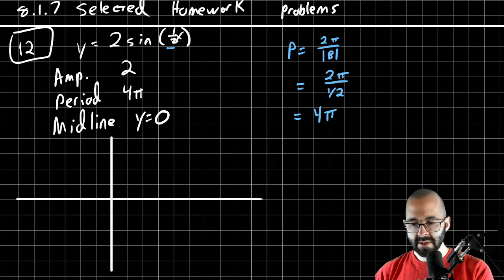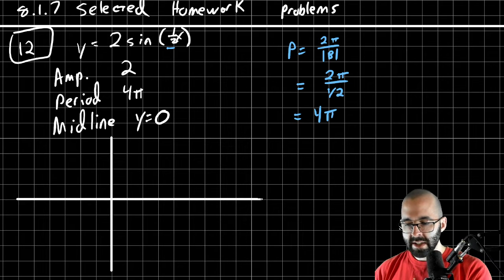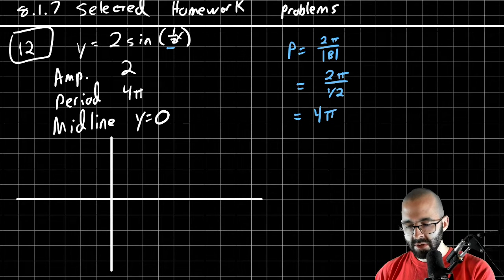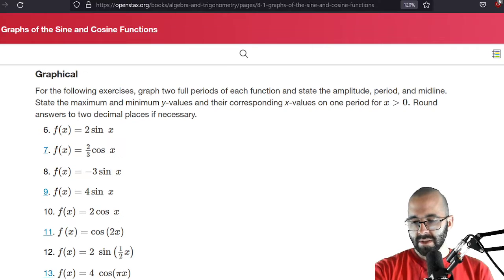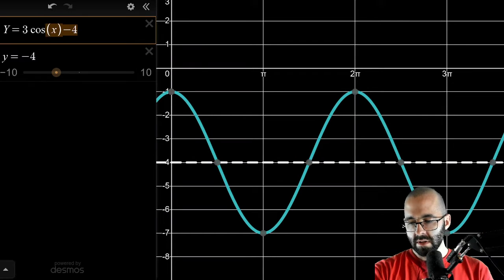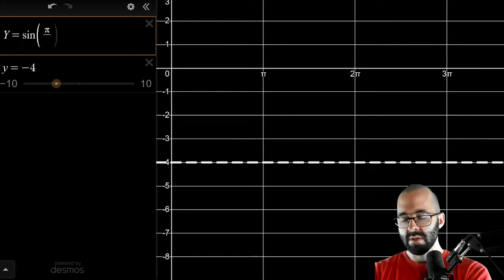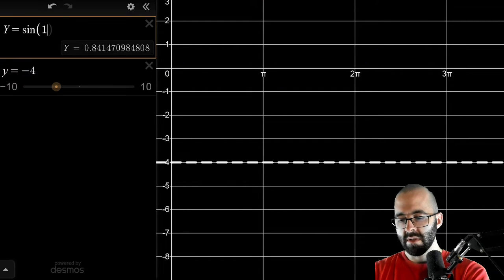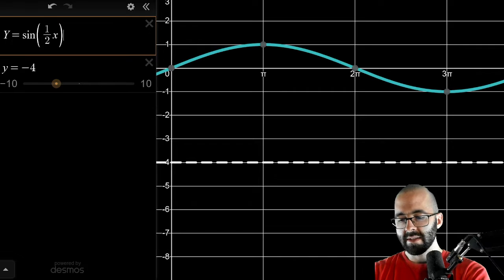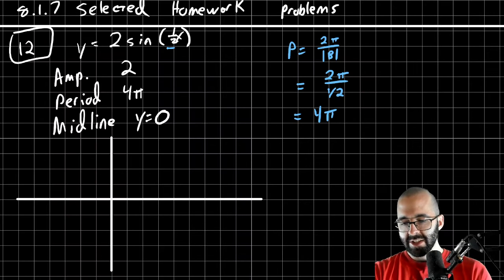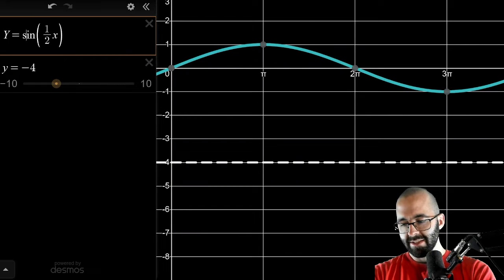It's that x-axis, so we don't need to necessarily draw it. It's sine. We're starting at 0. We're starting in our middle. Let's graph it with Desmos. Sine of 1/2 x. I don't remember this function. 2 sine of 1/2 x.